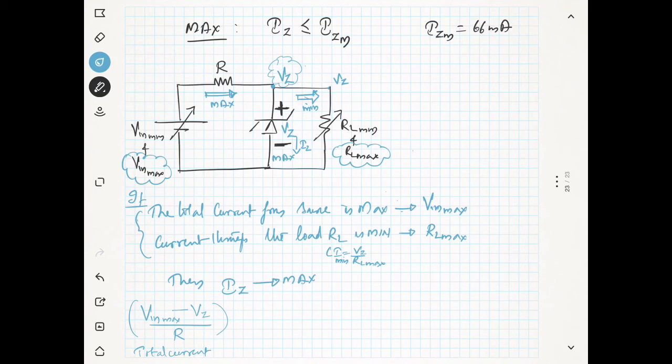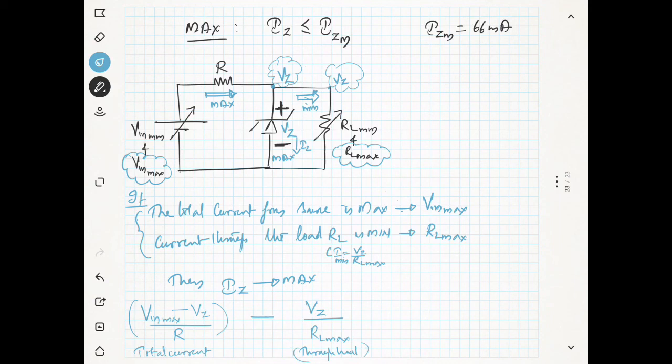Now the current through the load which is minimum, how to get it? You know the voltage is Vz by RL maximum. Now this is the total current, this is the current through the load.